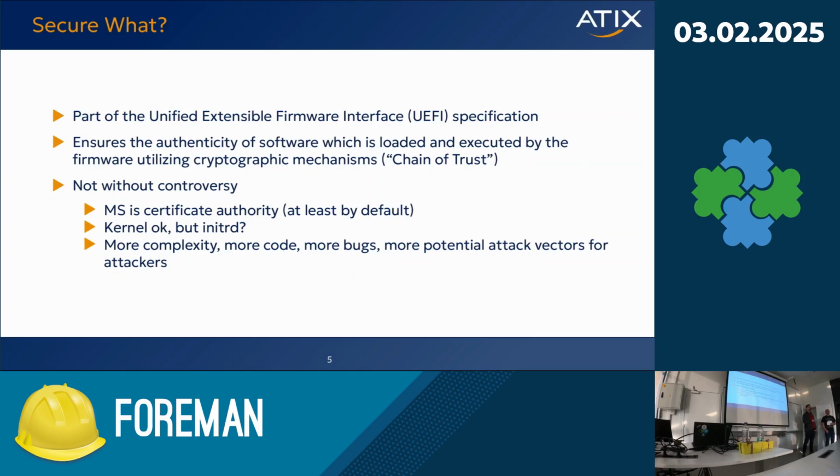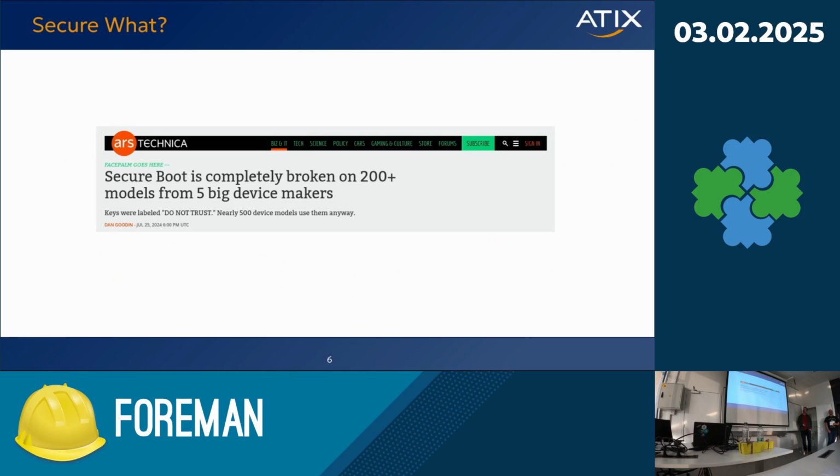The initRD is generated on your system, and of course you cannot go to Microsoft and ask them to sign it every time. And what's also a point is that this whole stuff brings more complexity. So you have more code, you have more bugs, and also more potential attack vectors for bad people. And let's see how it goes.